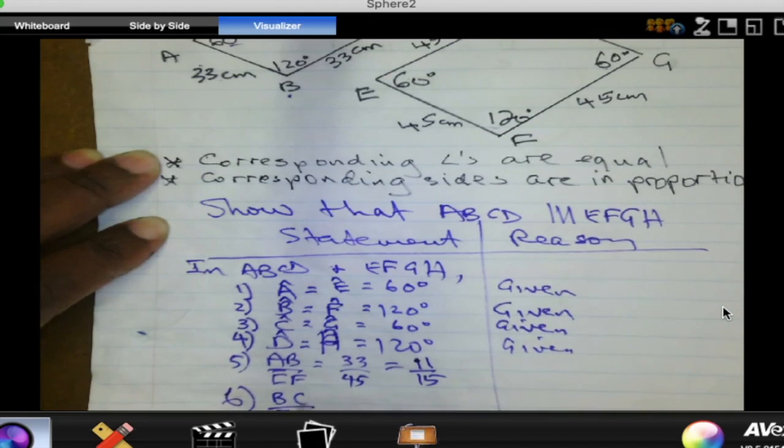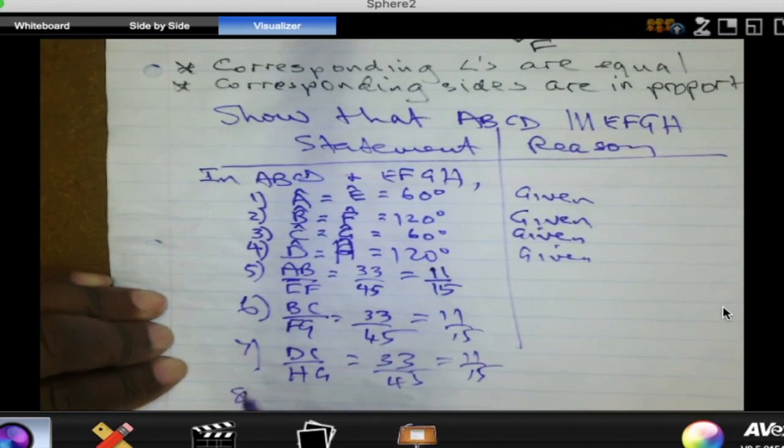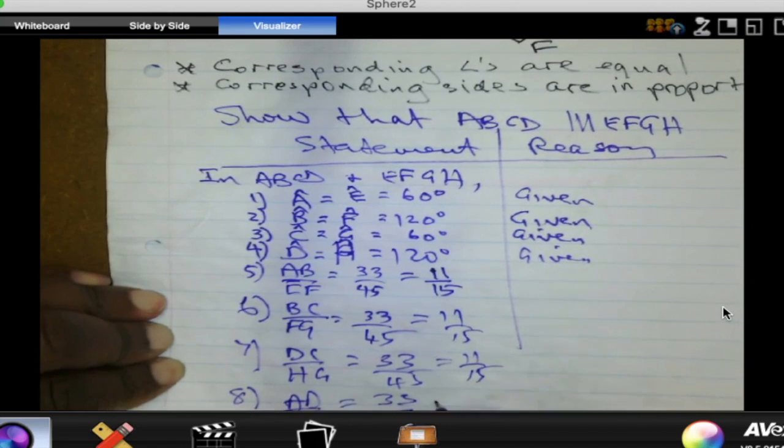So BC over FG is also 33 over 45, right? Which is 11 over 15. Then the next thing is DC over HG is also 33 over 45, which is 11 over 15. And finally, AD over EH is also 33 over 45, which is 11 over 15.